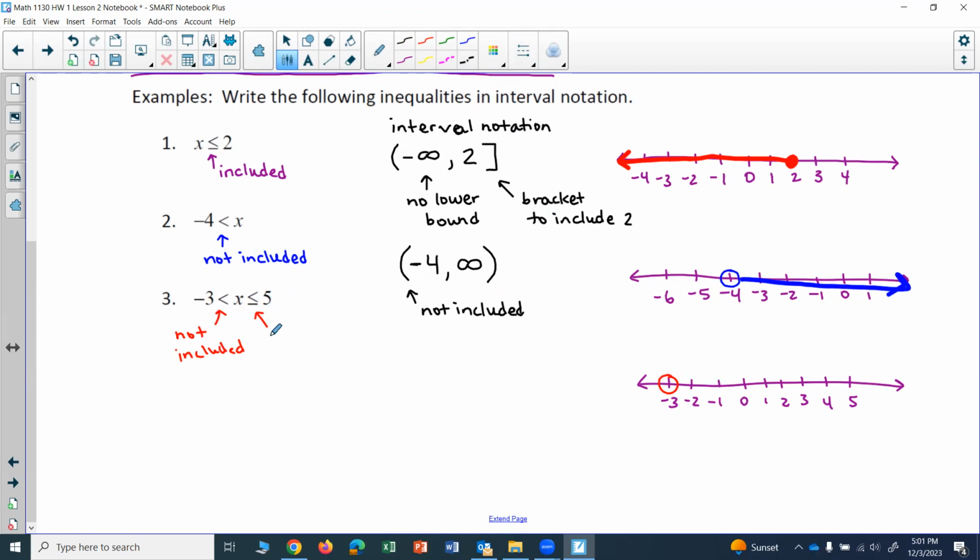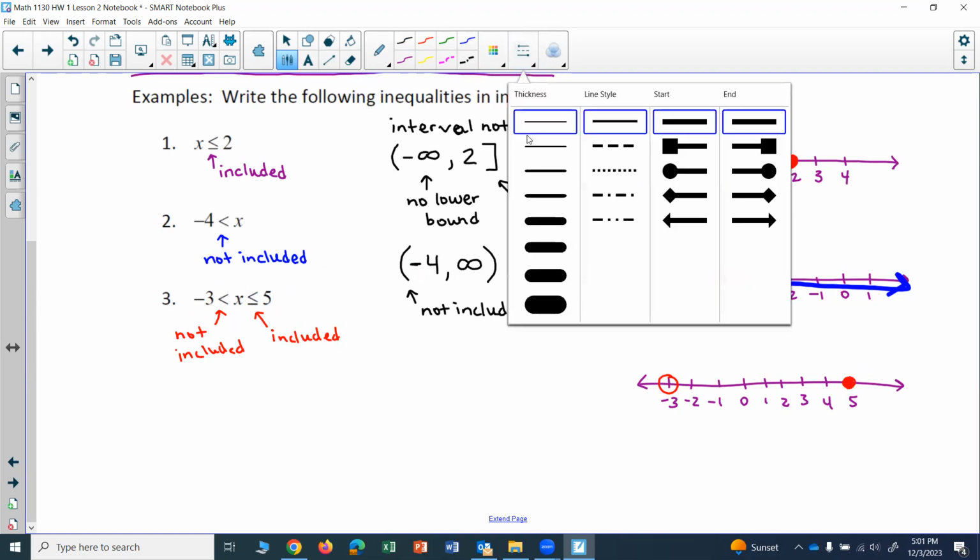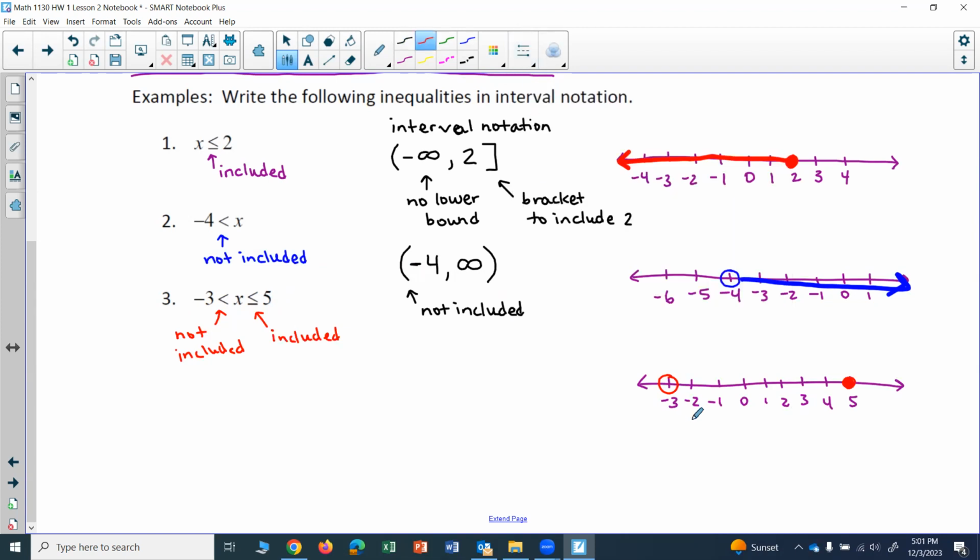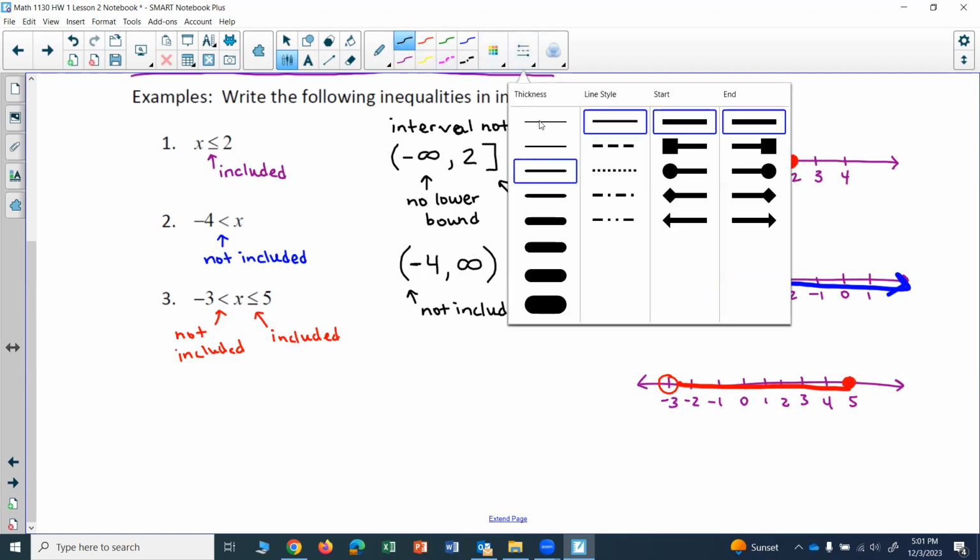And +5 is included. So I would put a solid dot or filled in dot there. And now x is sandwiched between those two. And so I would end up with a line between them. So that would be the number line for that inequality.